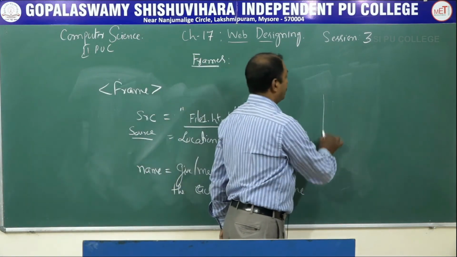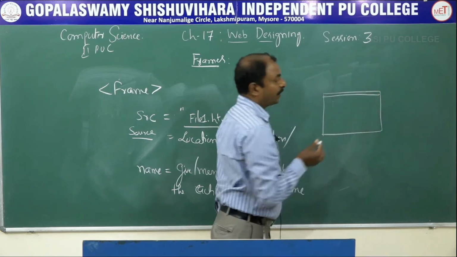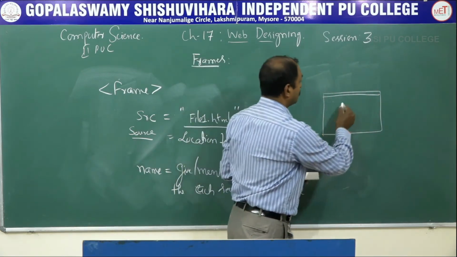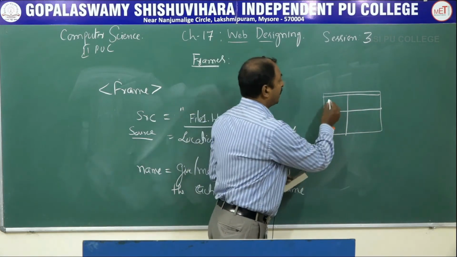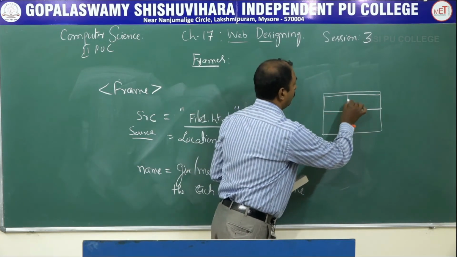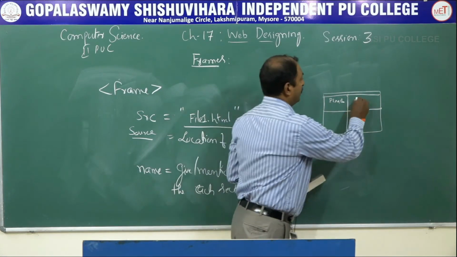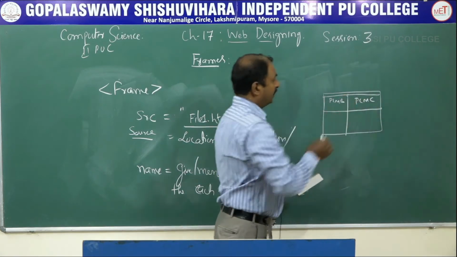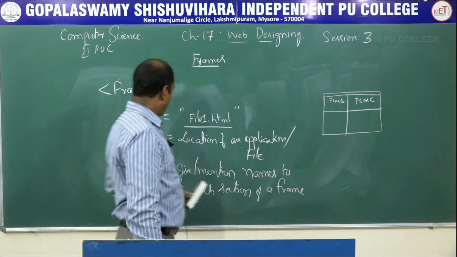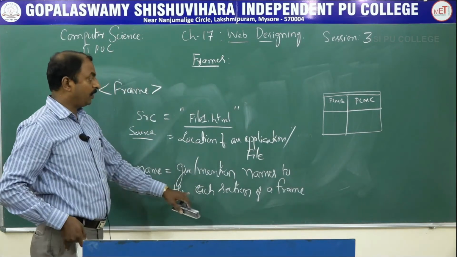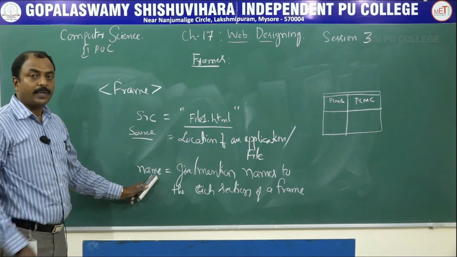See, suppose this is your web browser window, and I have divided it like this. There are 2 rows and 2 columns. I can give a name for this one frame. I can write here PCMB. This is a name, PCMC. Similarly, I can name the individual sections with the help of this name attribute. So this is one more attribute, the name attribute.